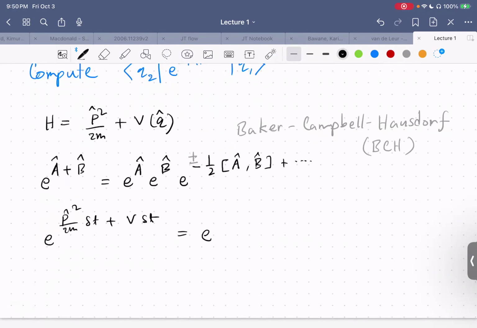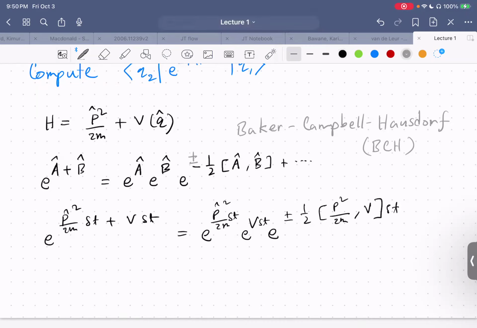Using this BCH formula, you would write it as e to the power p squared over 2m times e to the power V, but then you would worry about these kinds of things: commutators, so there's a delta t, and then another delta t. The commutator of p squared over 2m with V times delta t. And then I was saying that there are other higher order terms.